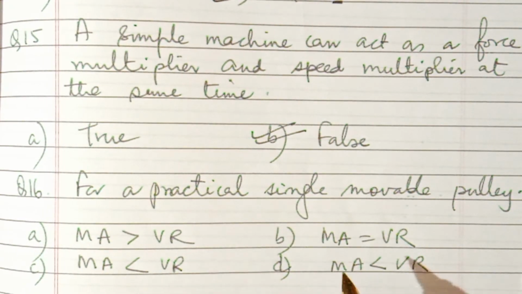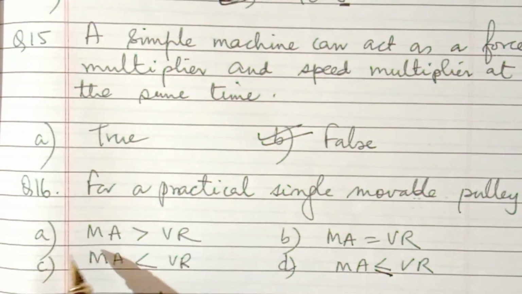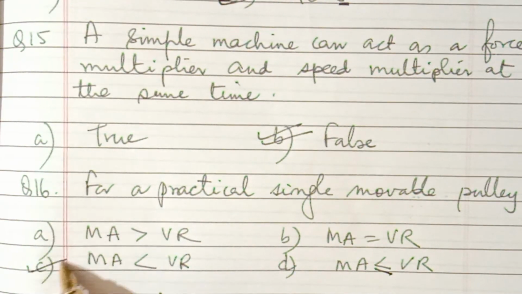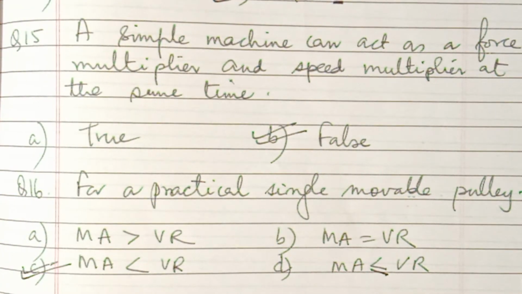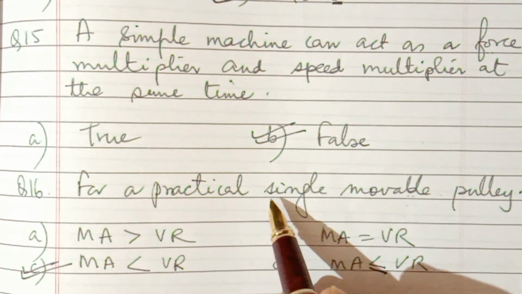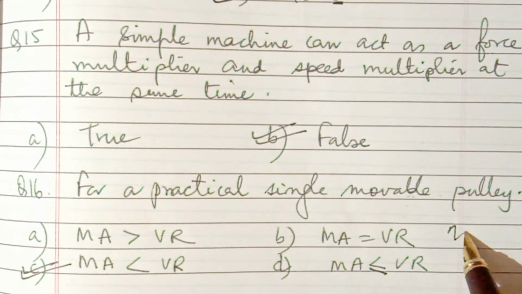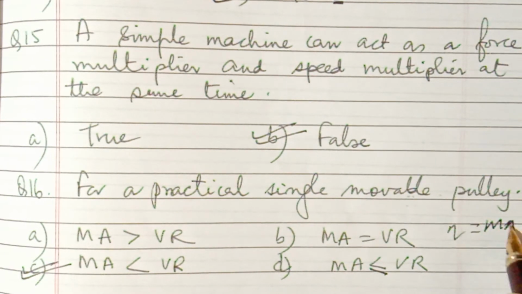So this answer will be correct: MA is less than VR. This is a practical machine. A practical machine means efficiency will be less, and efficiency is equal to MA by VR for any machine.